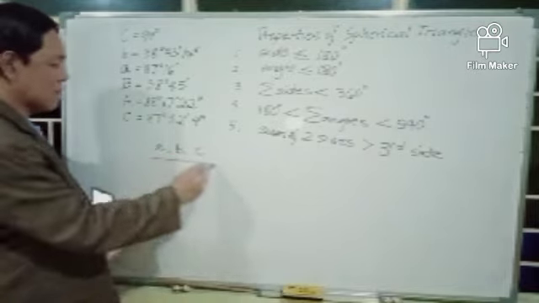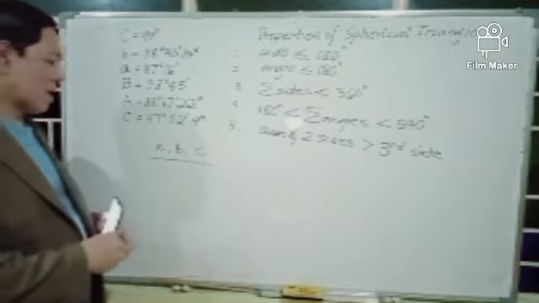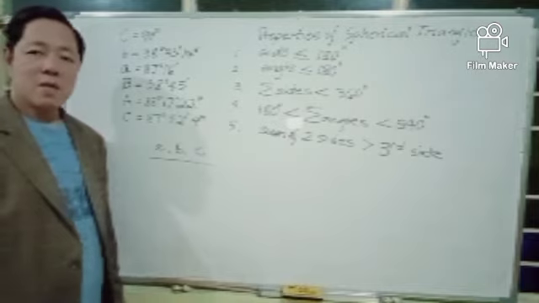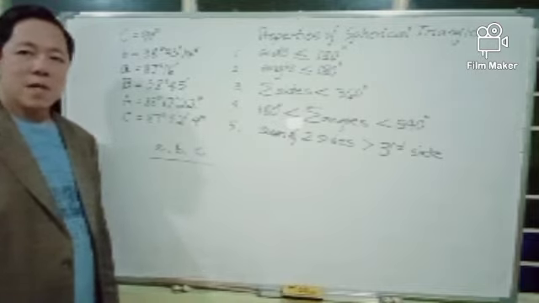And the property says that if you take the sum of any two of these three sides, the sum will be greater than the third side.